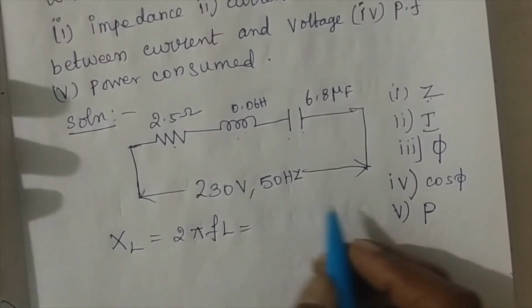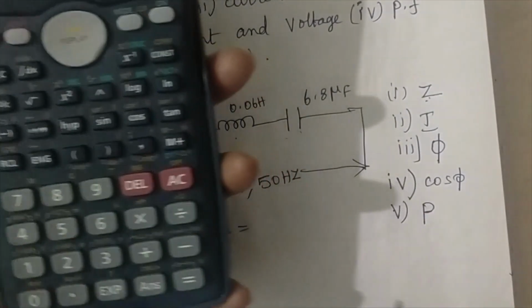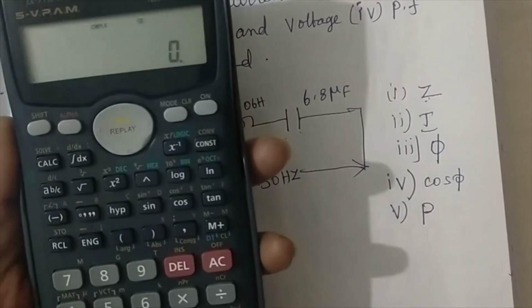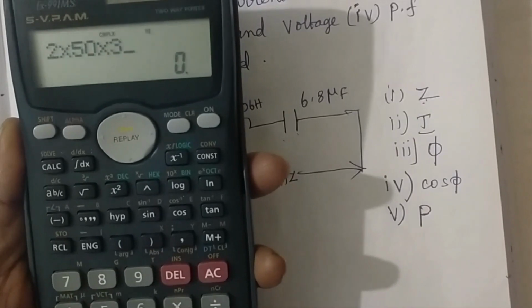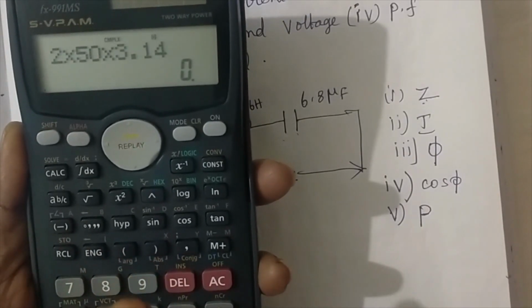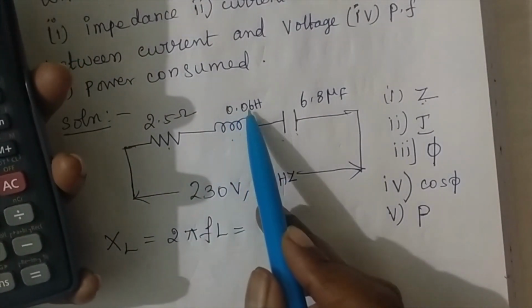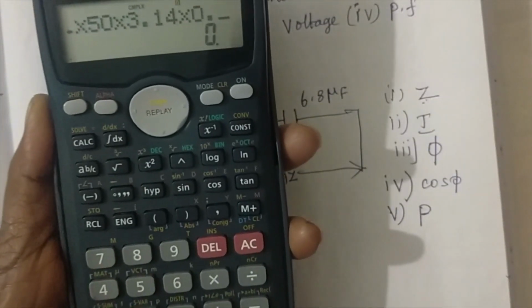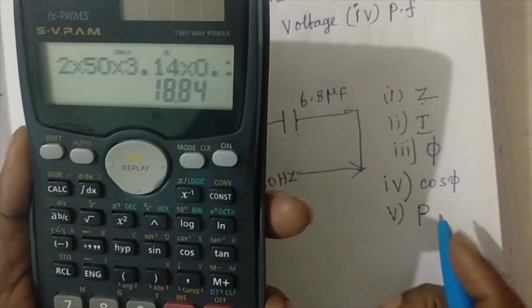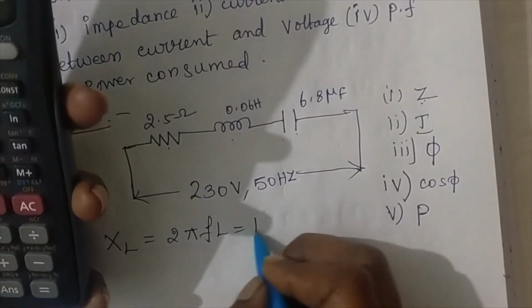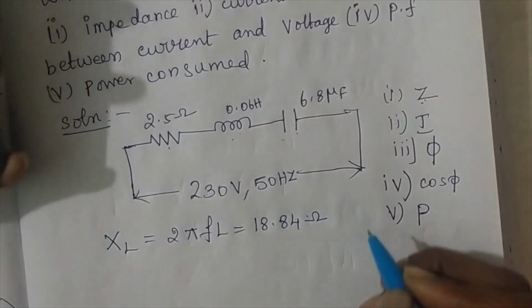Now we have to use 2 into pi value 3.14 into 50 into L value 0.06, so the answer is 18.84 ohm, that is XL.